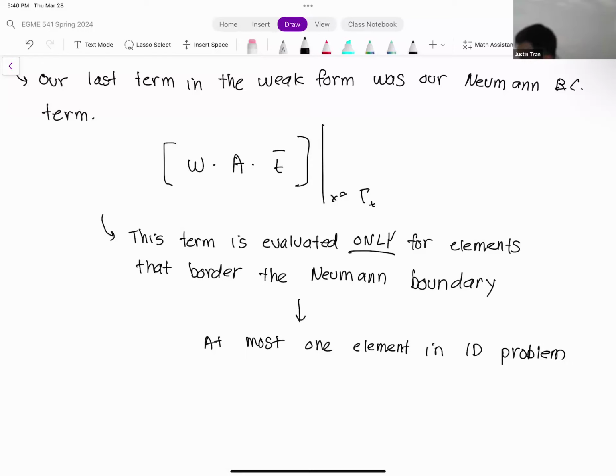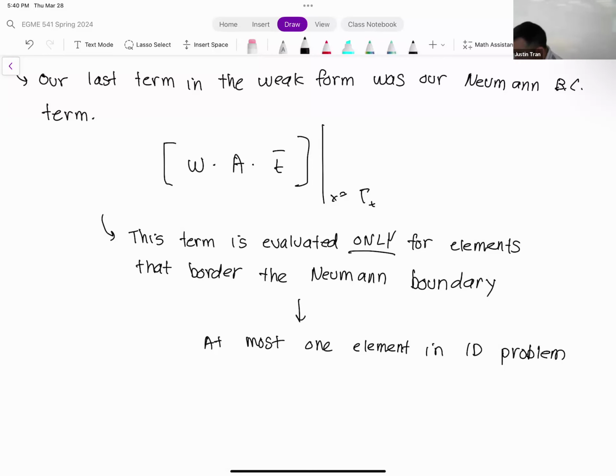So you're not going to evaluate this on most elements. It's only going to be one. Now, of course, this is going to change once we get to 2D problems. In 2D problems, you may have multiple elements bordering a Neumann boundary condition, but we'll cross that bridge when we get there.